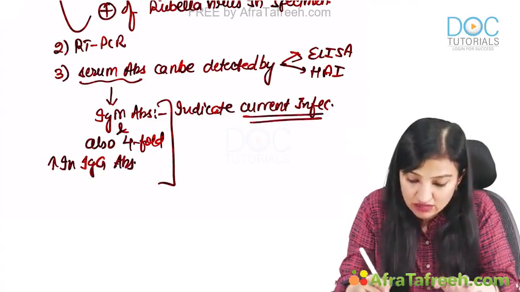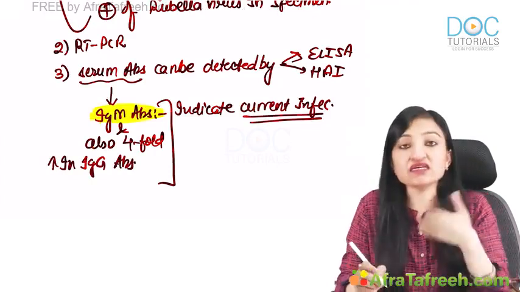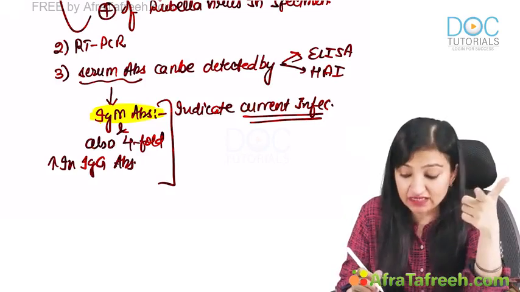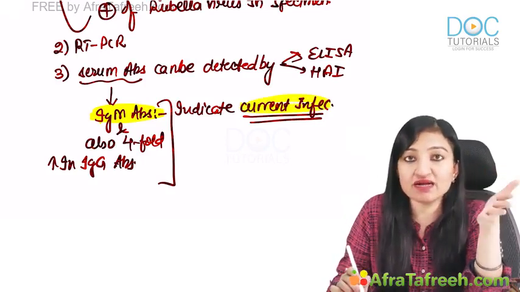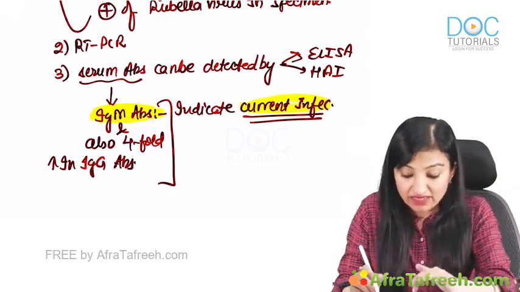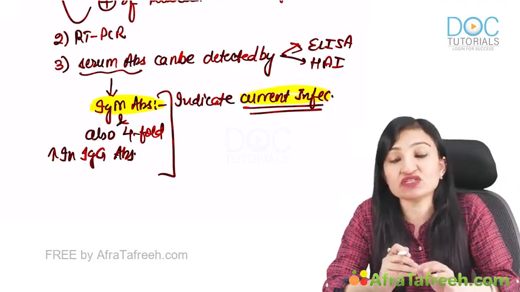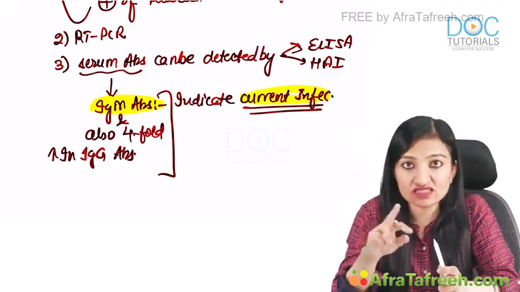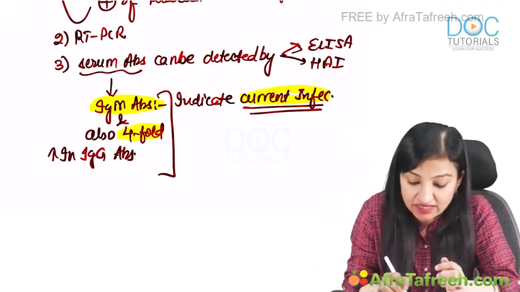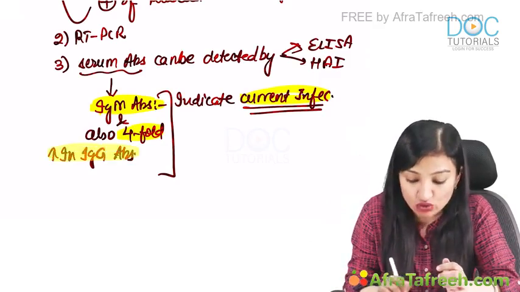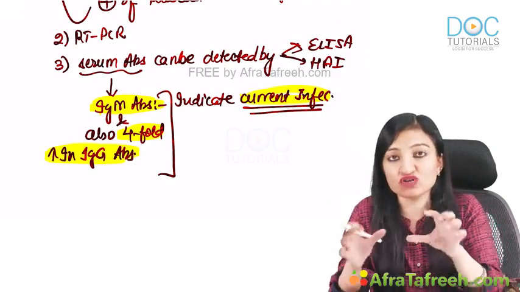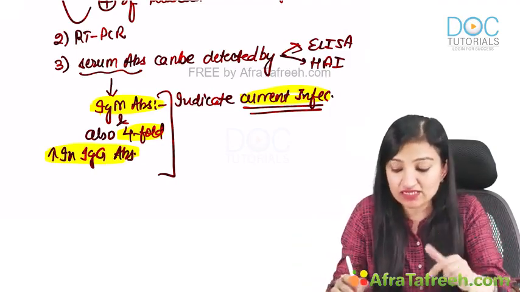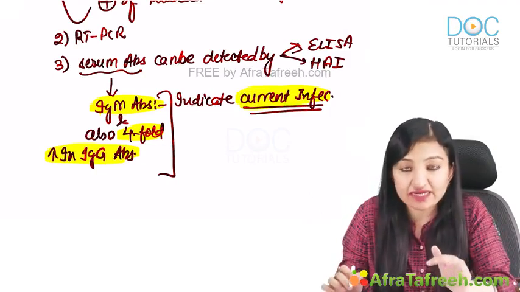If you go for IgM ELISA and IgM antibodies are present, then it is current infection. But if you have an ELISA kit which detects IgG antibodies, then you have to take 2 separate samples, acute and convalescent sera, and see whether there's a 4-fold or more increase in IgG titer. If yes, then again your conclusion is that it is current infection.